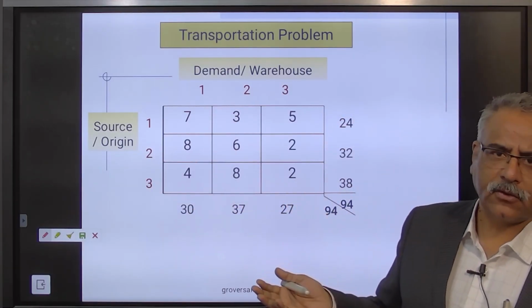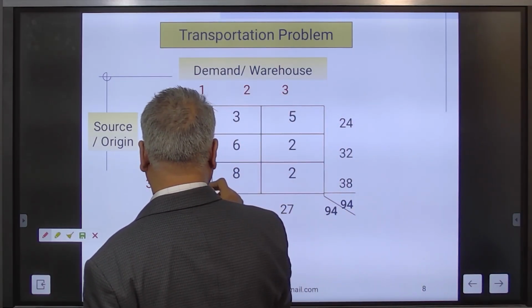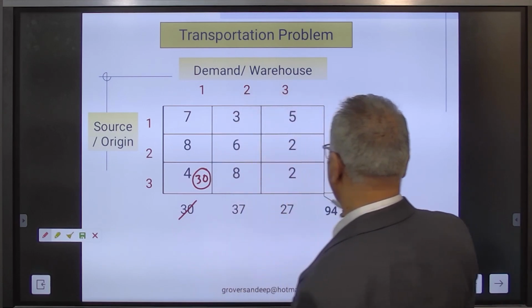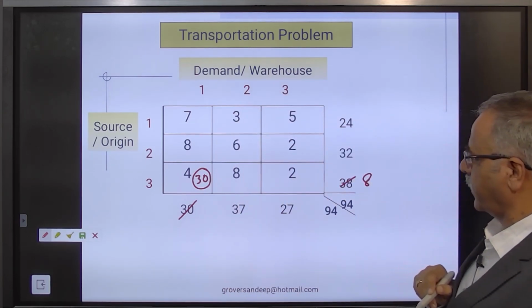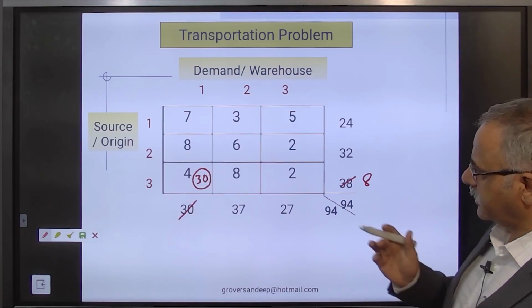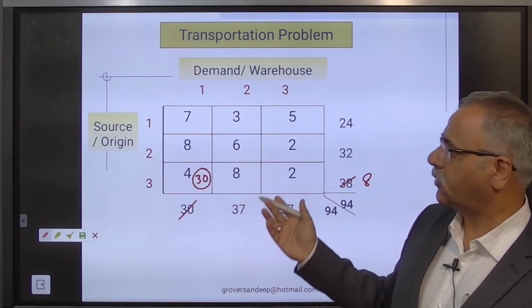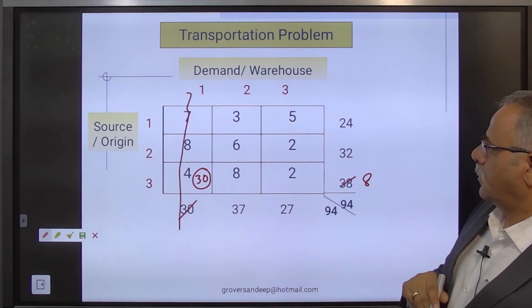So, you cannot allot more than 30 based on the capacity of the warehouse. So, this comes to 30 over here, fine. When you do 30 over here, you are left with 8 units in this, okay. So, now the capacity of this column number 1, or warehouse number 1, is over, so you can move on to the next column.